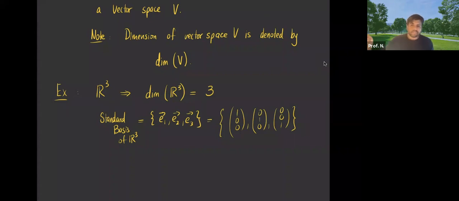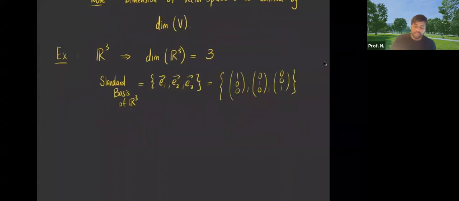Immediately. Because if you had four vectors and you say, hey, this is a basis, then you went from a dimension of 3 to a dimension of 4 in R3. R3 only has one dimension. For each vector space, there's only one dimension to it. So E1, E2, E3 is a standard basis because it's linearly independent and because it spans all of R3.